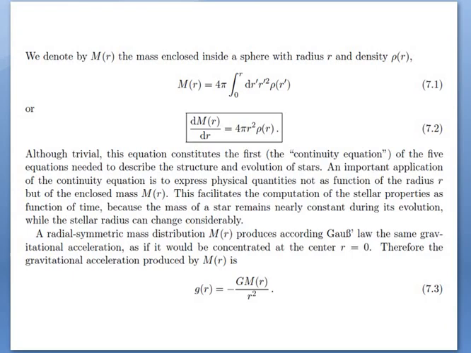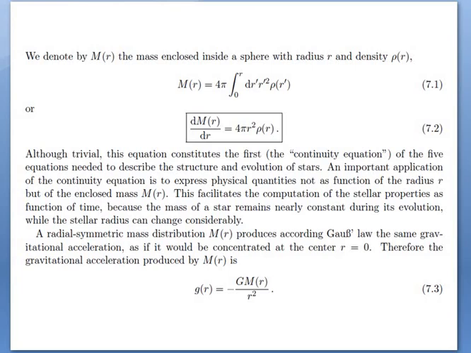Since the overall mass remains constant during the evolution, whereas the radius of the star changes. Now, a radially symmetric mass distribution produces a Gauss law similar to that for the gravitational force, and it would be concentrated at the center, r equal to 0.